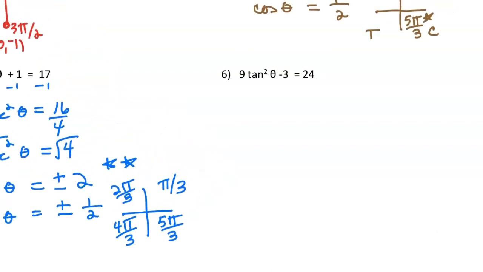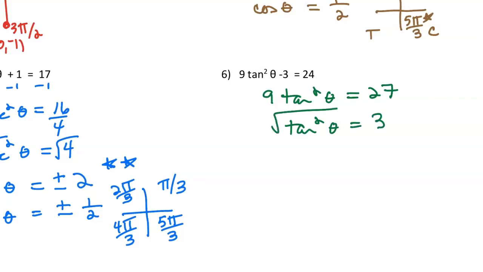Okay, next one. I'm going to deal with tan now. It's tan squared, but I have a method. Add 3 to both sides. That gives me 9 tan squared theta equals what? 27. Divide both sides by 9, and you get tan squared theta equals 3. Take your square root of both sides, because we don't want to have a squared trig term.